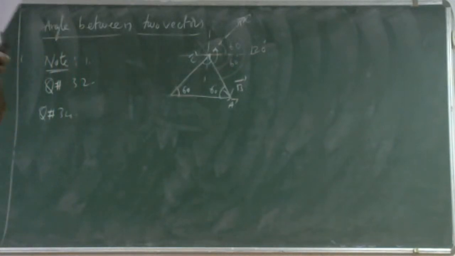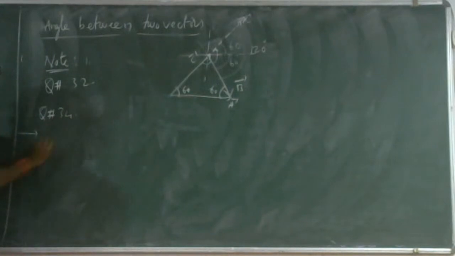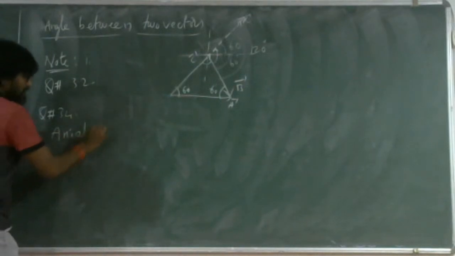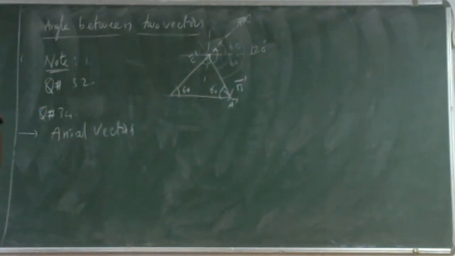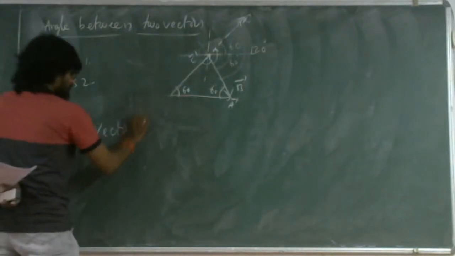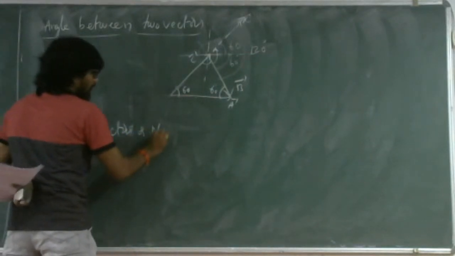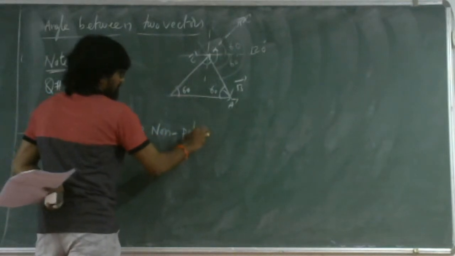these. Here we have to remember two more types of vectors: axial vectors and polar vectors. Note down axial vectors. I think you have copied this, right? Axial vectors are the vectors which give rotational effect. Write down: the vectors which give rotational effect are called axial vectors or non-polar vectors.